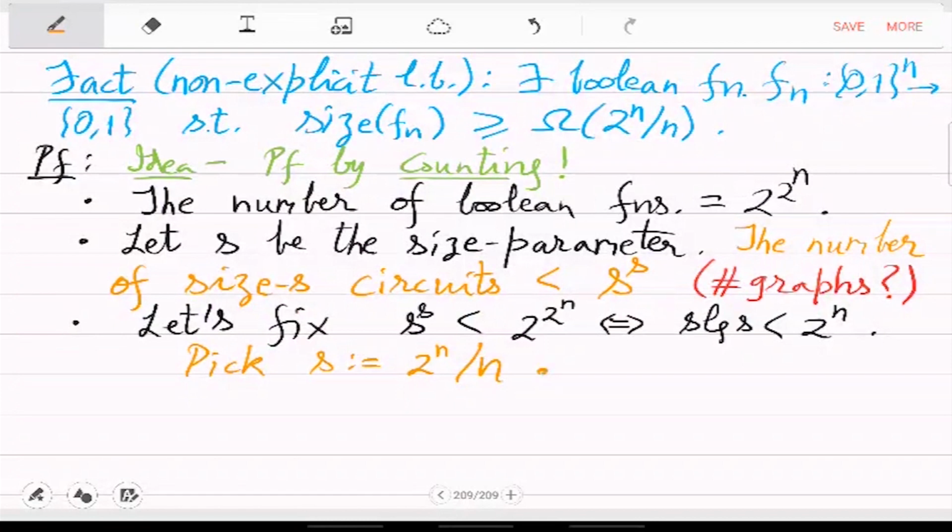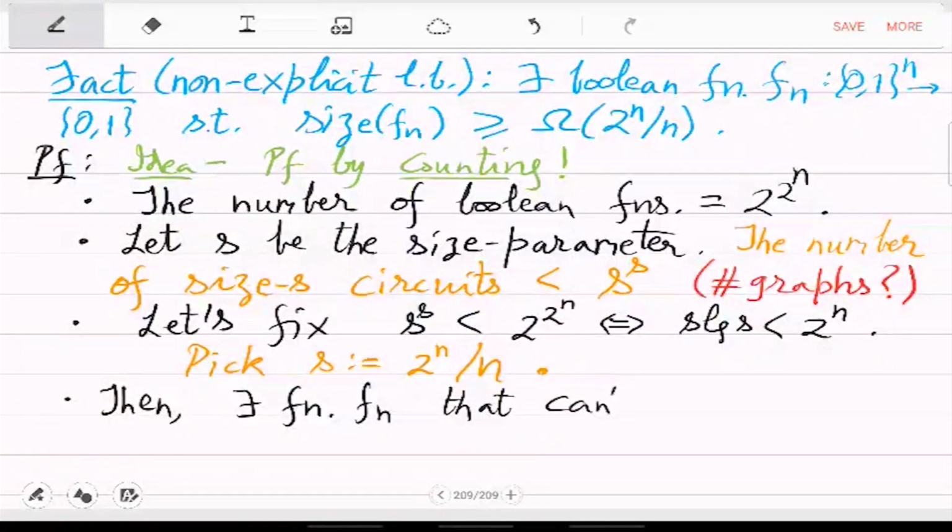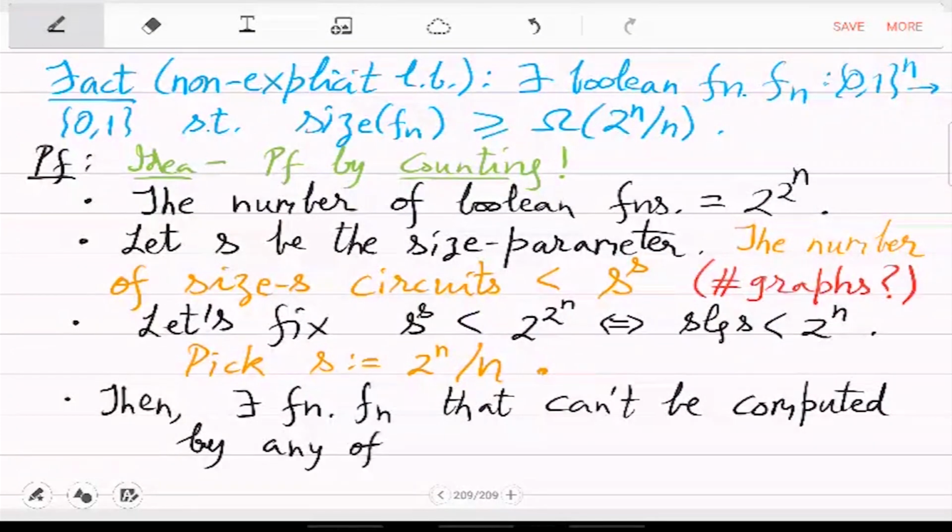So, 2 raised to n by n will satisfy this property, and what this means is that there exists a function that can't be computed by any of these size 2 raised to n by n circuits.